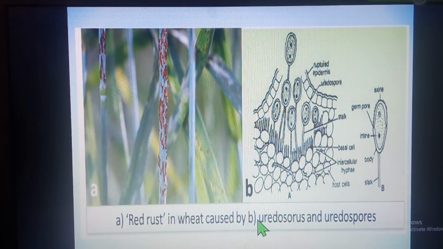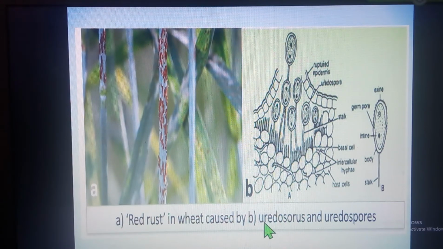It is not called a uredosorus anymore. Why? Because at the end of the wheat season, it starts to produce another type of spore along with these uredospores, that is the teliospore. But the mixsorus, the uredosorus, will gradually convert solely into telisorus.